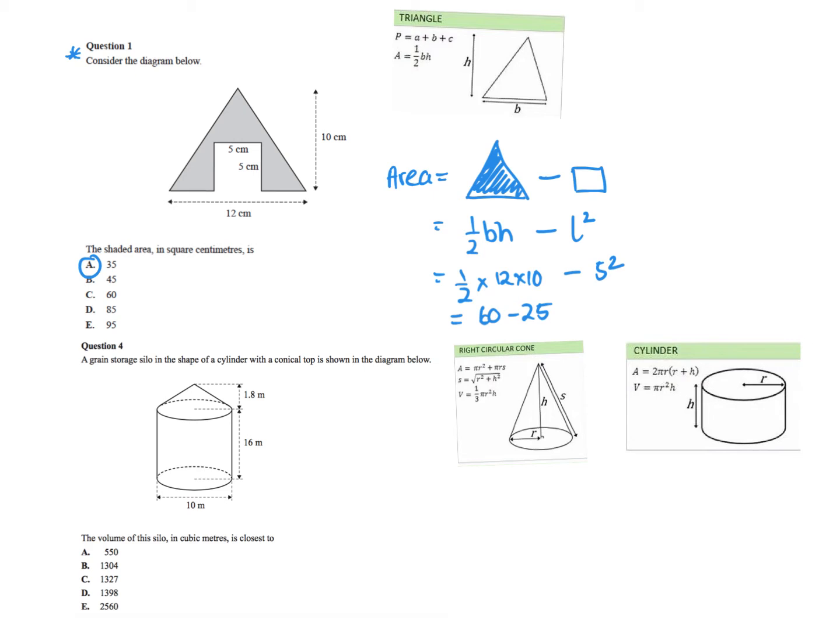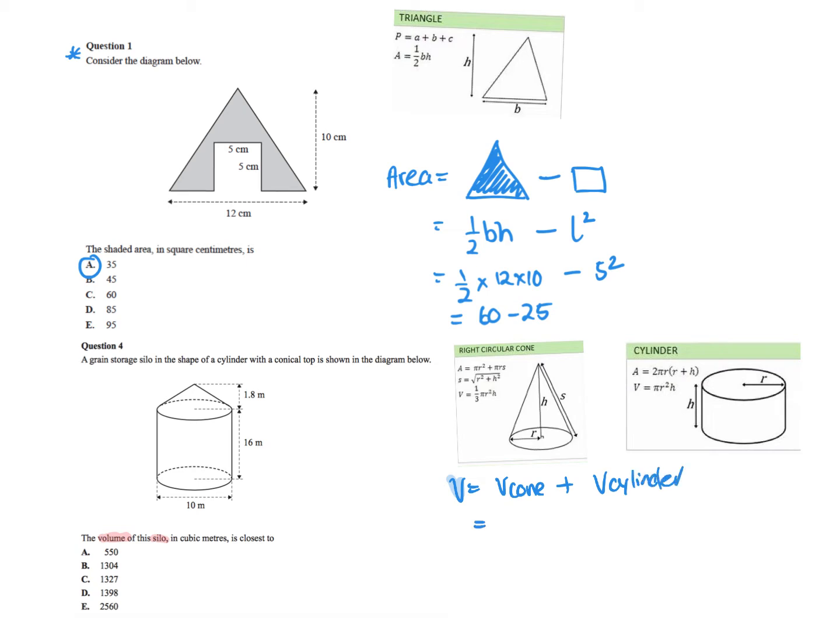And now down here, they're asking for the volume of this silo. So that's what a silo looks like, a cylinder with a cone on top. So you can just follow your formula sheet. So I know the volume will equal the volume of a cone plus the volume of a cylinder.